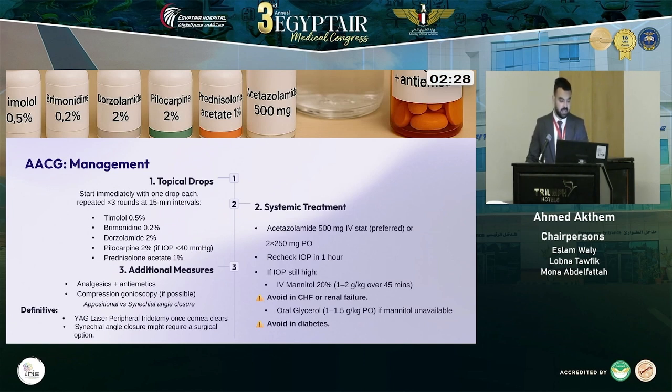Additional measures are analgesics, antiemetics, also compression gonioscopy if you can. The definitive treatment is always YAG laser peripheral iridotomy for both eyes once the cornea clears. And if there is a synechial angle closure, we might require a surgical option.